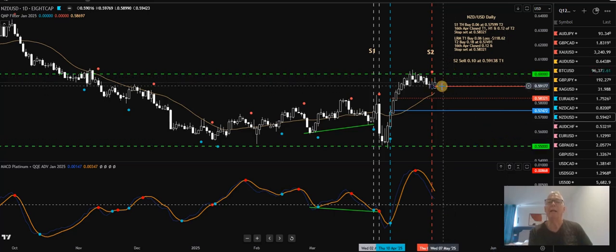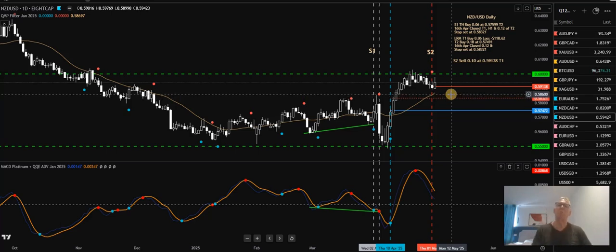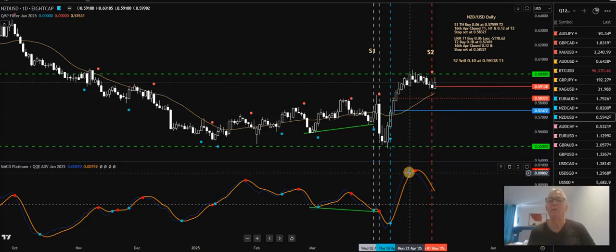But the good thing is, again, like the New Zealand CAD, it's no big deal if it turns up and goes up. I've got an action plan. But I'll just try and trail the stop up in this buy, and that will help offset the loss if that's the case. You can see the MACD platinum's turning down, so you think price will probably go with it. Who knows?